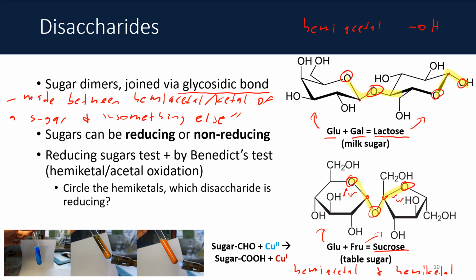We have run out of hemiacetals and hemiketals in both sugar units because they are linked together. So we can't feasibly extend sucrose into a trisaccharide or so on and so forth, an oligosaccharide beyond that.